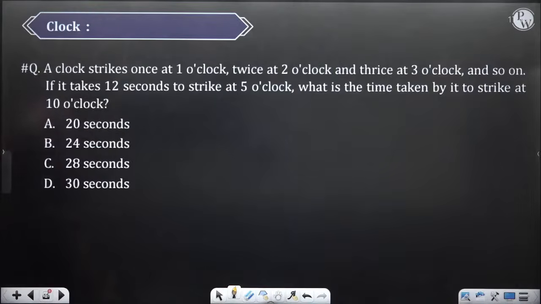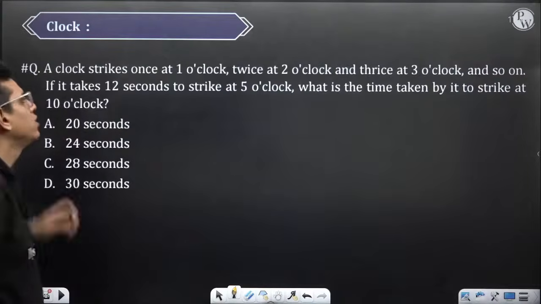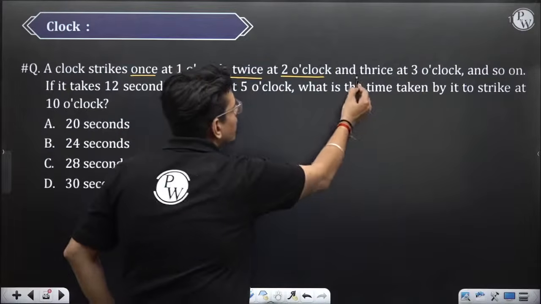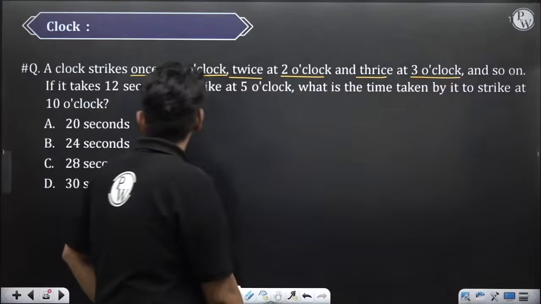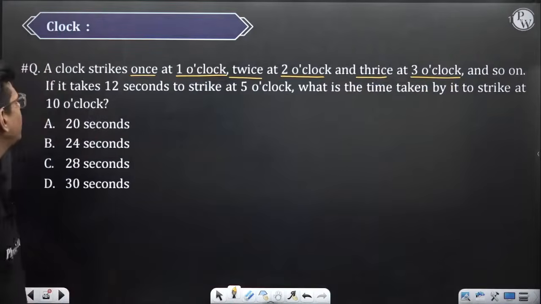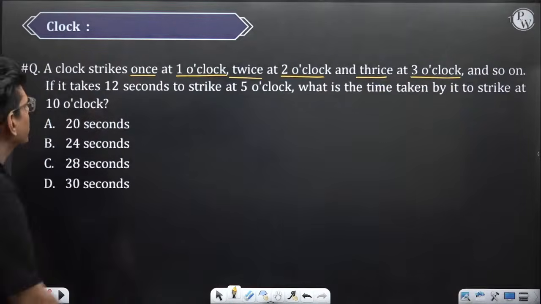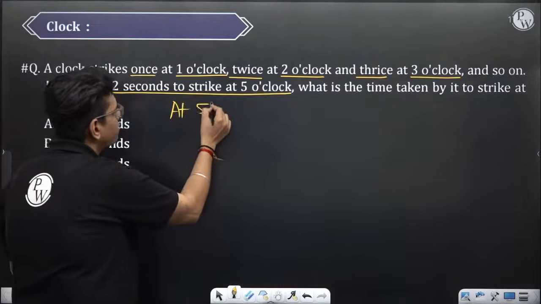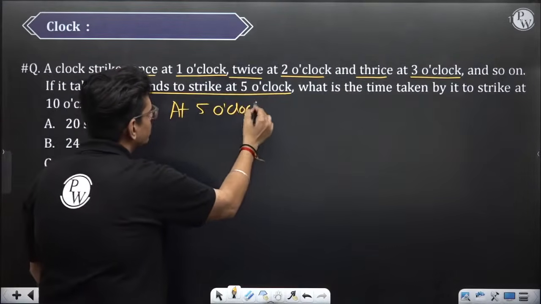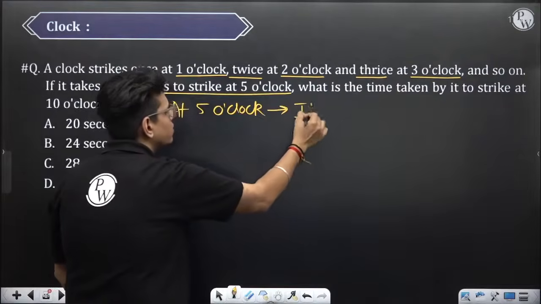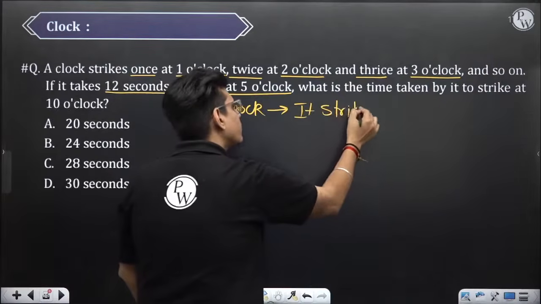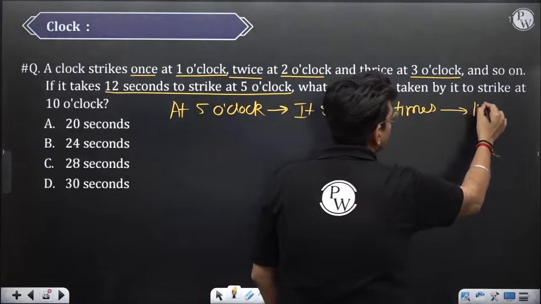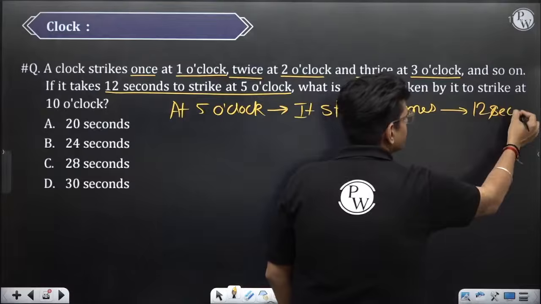A clock strikes once at 1 o'clock, twice at 2 o'clock, thrice at 3 o'clock, and so on. And if it takes 12 seconds to strike at 5 o'clock, at 5 o'clock it strikes, first of all, 5 times and it takes 12 seconds, right?